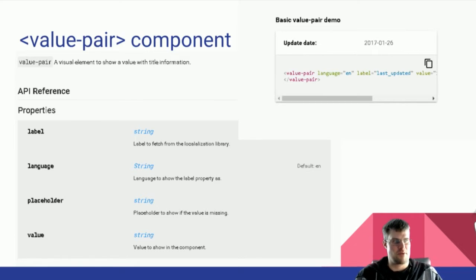And this value pair demo actually has localization inside of it. And the way it works is that you give it a label and a value, and it will display that label localized with the value. And you can also have a placeholder that is displayed if that value is not present.